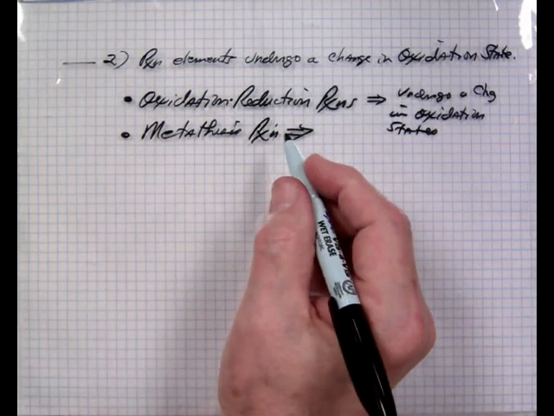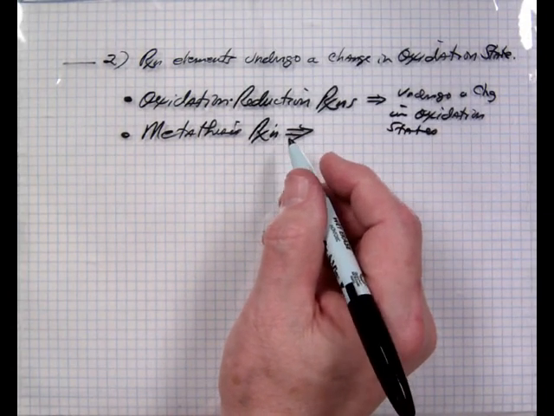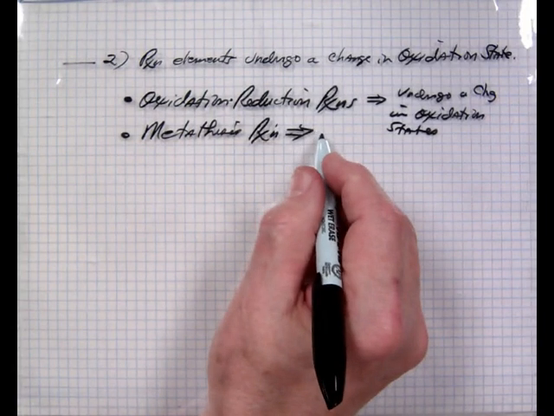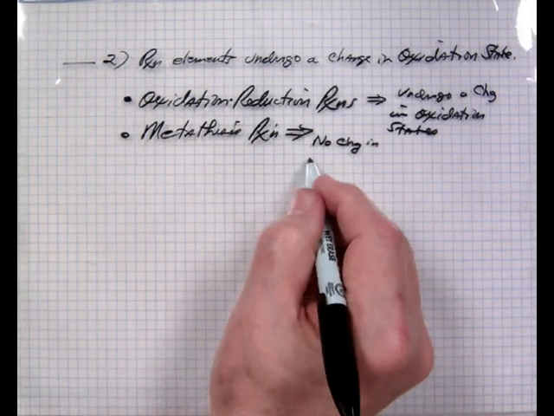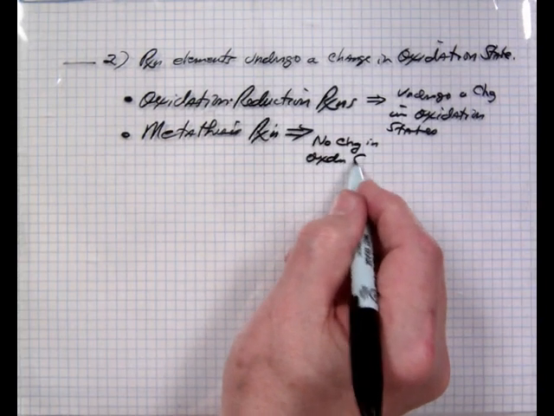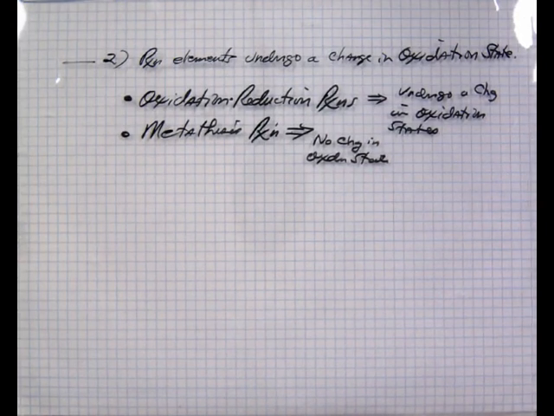But the compound on the product side will retain the oxidation state that it had on the reactant side. So we have no change in oxidation states for the metathesis reactions.